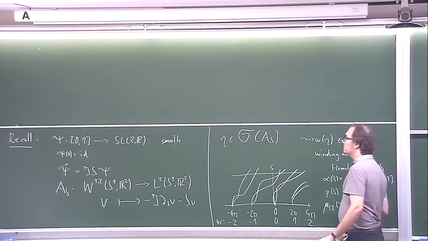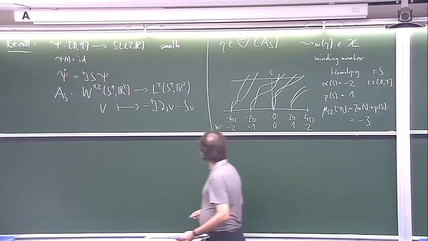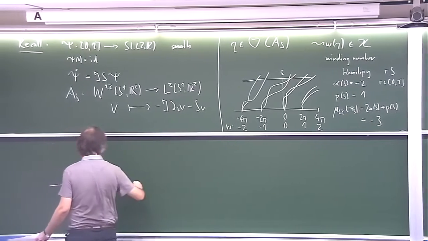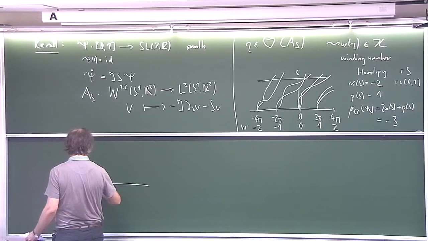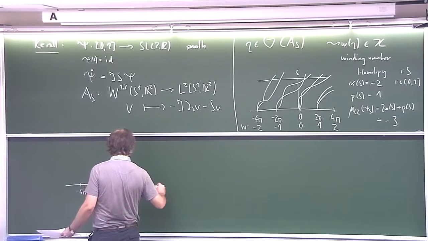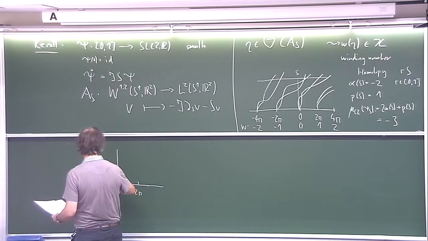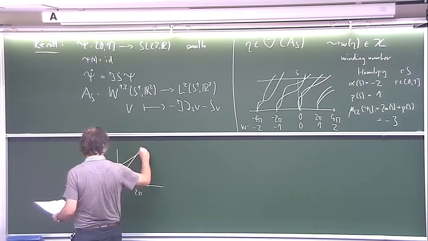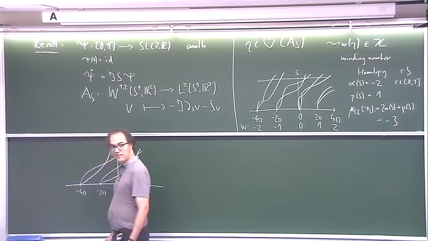And maybe let's look at a different example. So if we have −2π, 0, 2π, and so on. And now let's assume they cross, but from this family one crosses, but the other one doesn't cross.